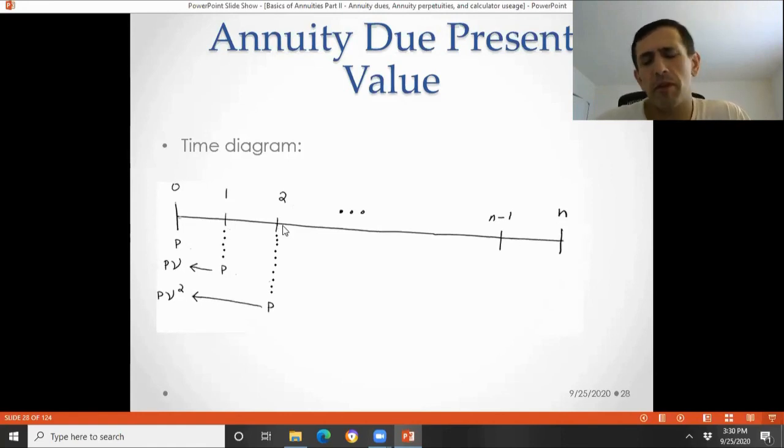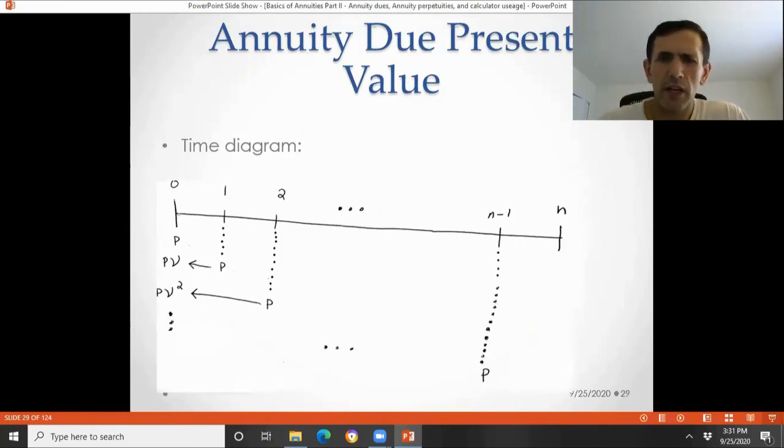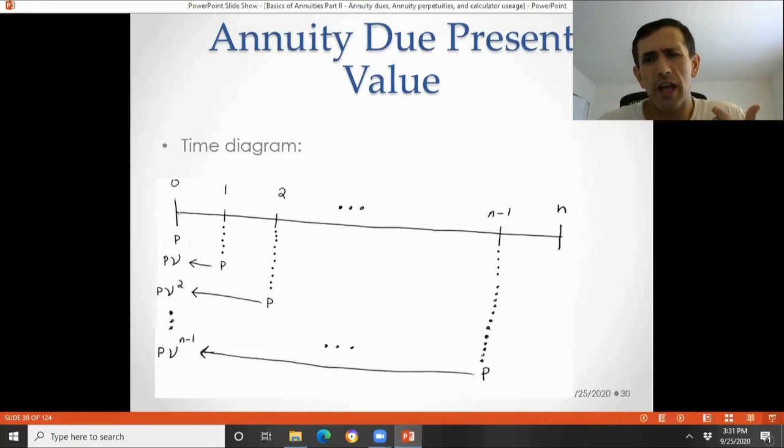The payment or deposit at the beginning of the second period, you discount that by 2 periods, so that's P nu squared, etc., until you get the last payment at the beginning of the last payment period. You discount that by n minus 1 periods.